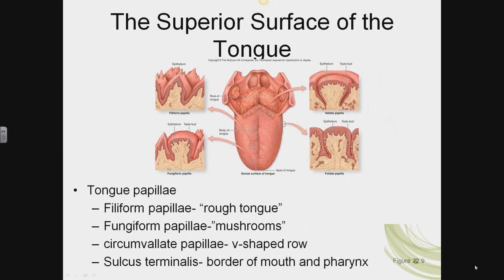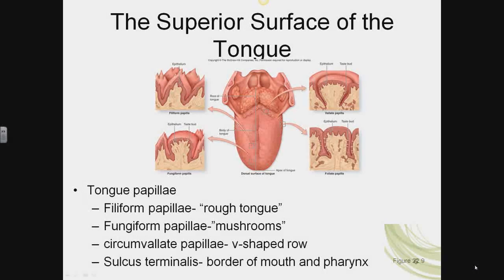The vallate papillae have a lot of taste buds on the walls, as shown in the top right picture. Now, your book lists foliate papillae, but they are not very well developed, and they're mostly important for infancy and early childhood.